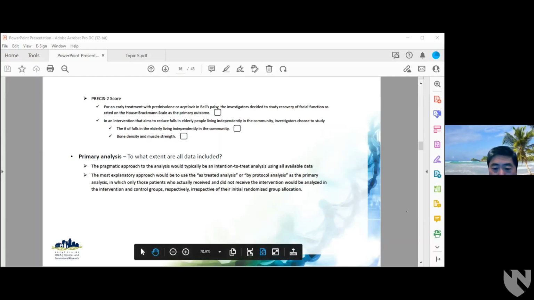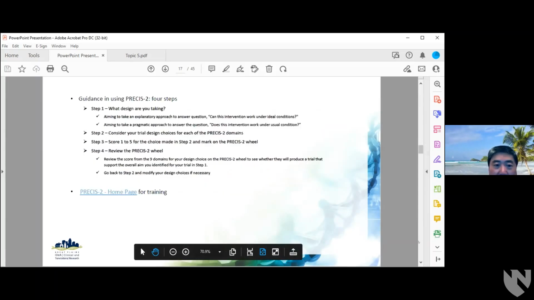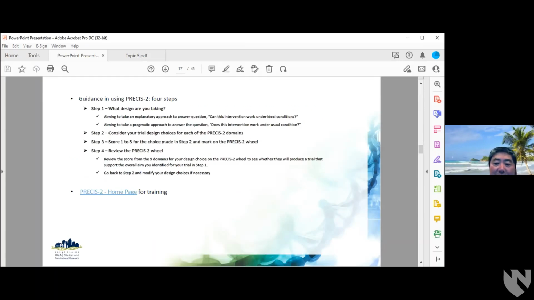So the essence of PRECISE-2 is that it developed the guideline for people thinking about designing a clinical trial, what you need to do. There are 4 steps. First of all, you have to be very clear when you do this experiment what kind of goal you want to achieve.